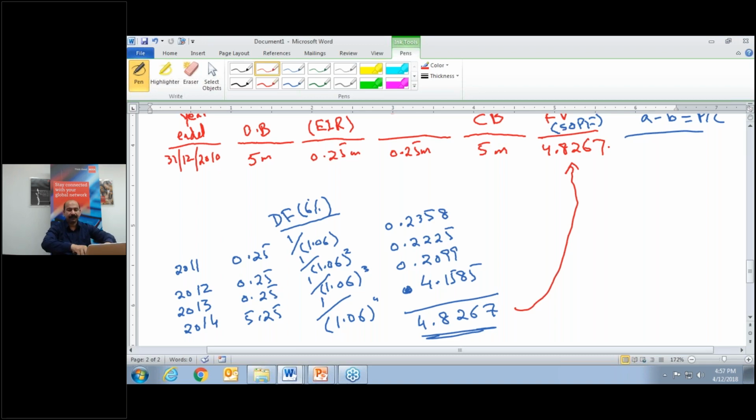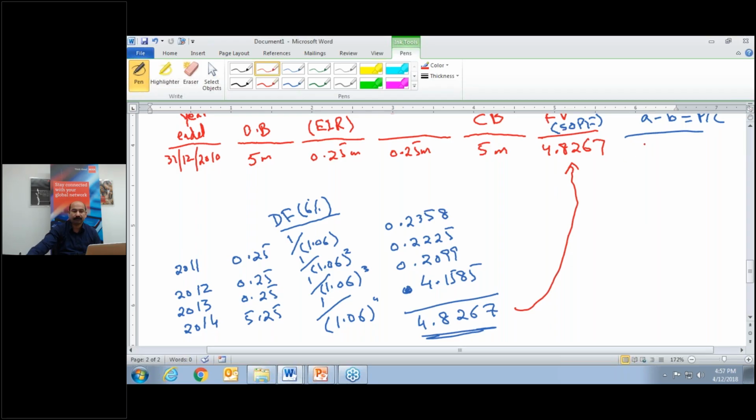Therefore, at the reporting date, on 31st December 2010, the financial asset will be stated at the fair value of 4.8267. With the fall in fair value amounting to, what is the difference?